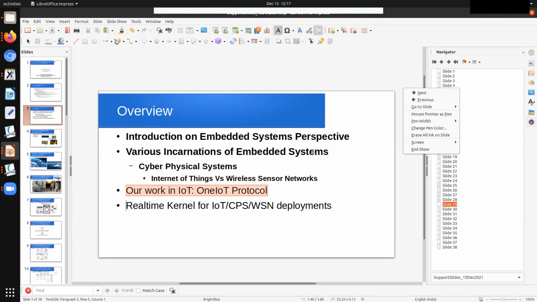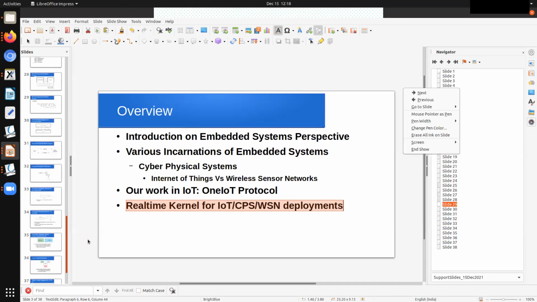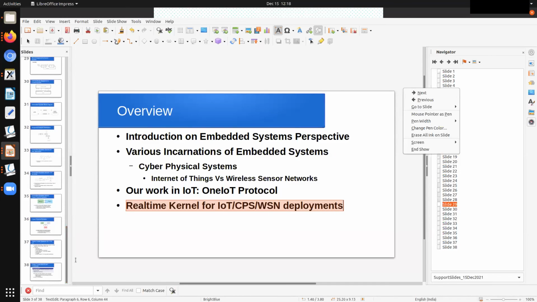Then we also covered what we have accomplished in our group. And we have just now finished the software stack of a real-time kernel that could be customized for IoT deployments. That's how things are possible. Maybe that was a little quick because the time was less and the contents were high.